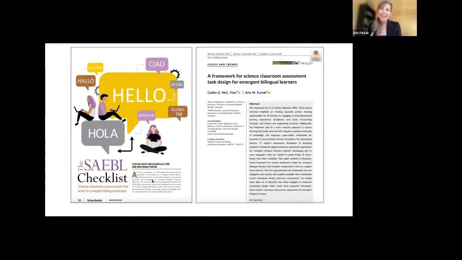And so carrying these themes and these learnings forward into work that I have done and continue to do with Caitlin Fine, we've started to look at how we can bridge across literatures on multilingualism, on assessment and classroom assessment, and in science education reforms, to think about how we can make tasks that better support bi and multilingual learners in our classrooms.